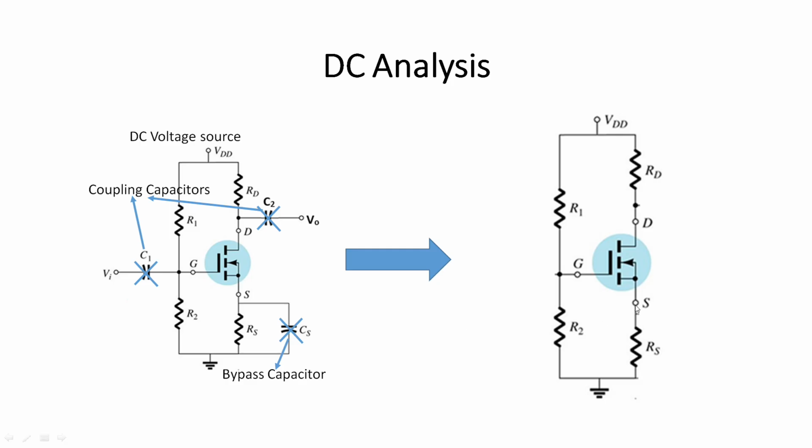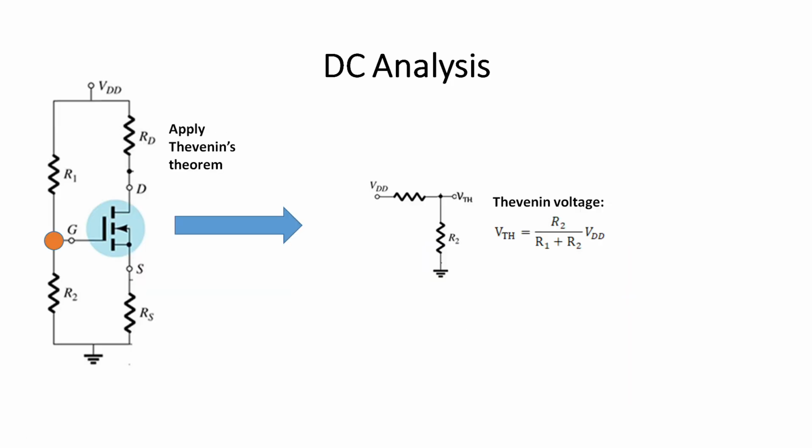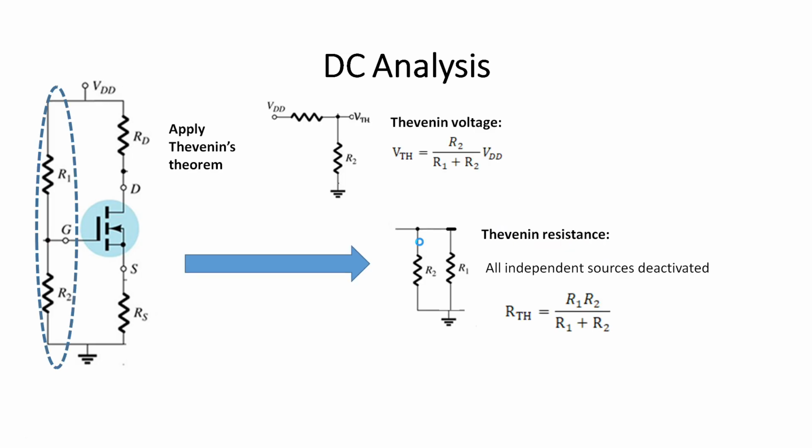Now this circuit we can simplify using Thevenin's theorem. Using Thevenin's theorem, we can find the Thevenin's equivalent voltage VTH, which equals R2 by R1 plus R2 into VDD, and we can find the Thevenin's equivalent resistance.